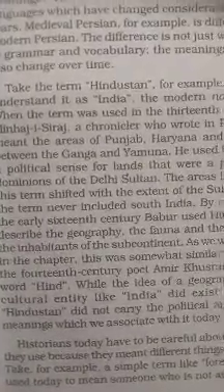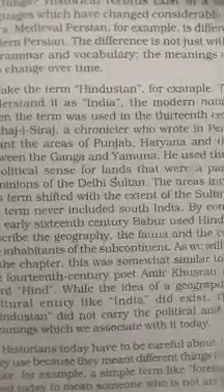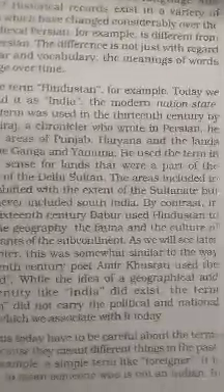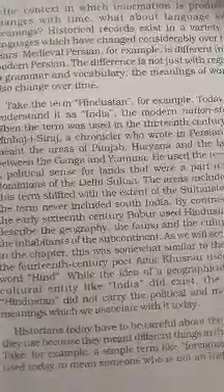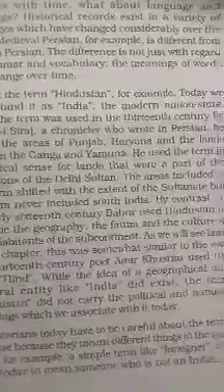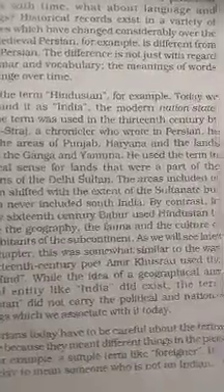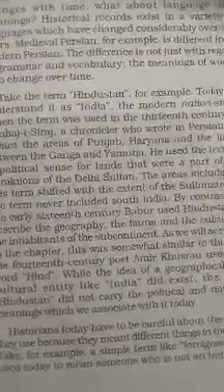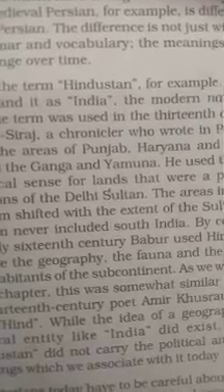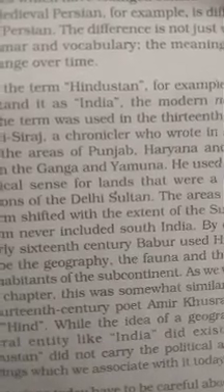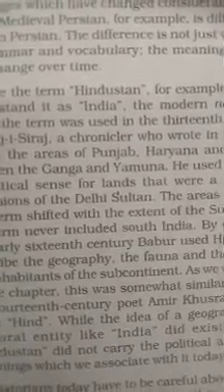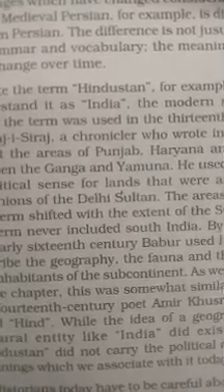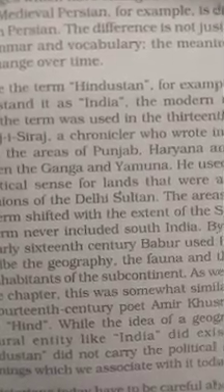Now see, historians today have to be careful about the terms because they meant different things in the past. Like the word foreigner: these days it is used for a person who belongs to another country, who is not an inhabitant of our country.